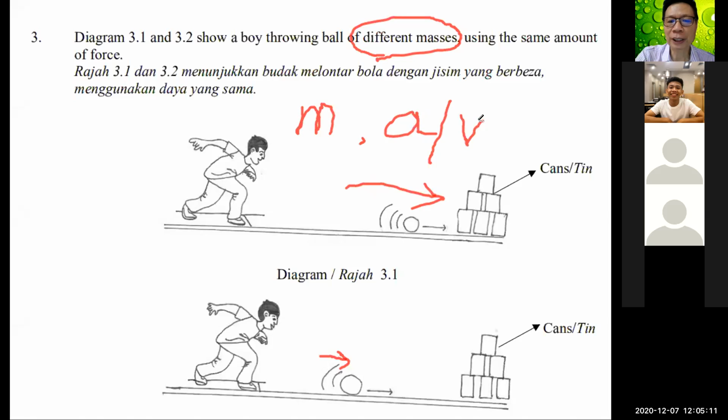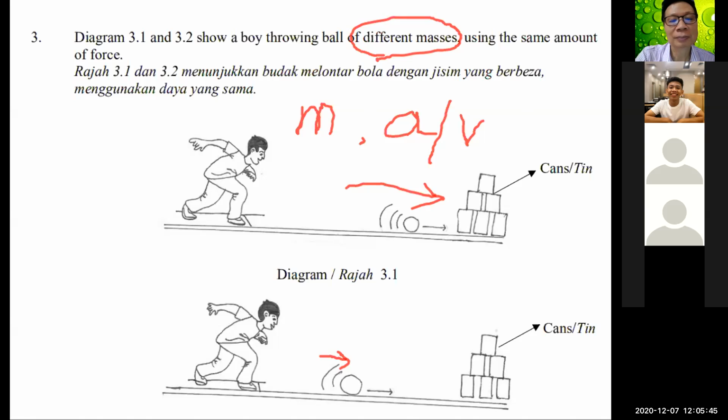Between the mass and the speed, or between the mass and the acceleration, which one is it? Vanessa said MA. What about MV? Can you do the experiment for MV? Vanessa said it must be MA.